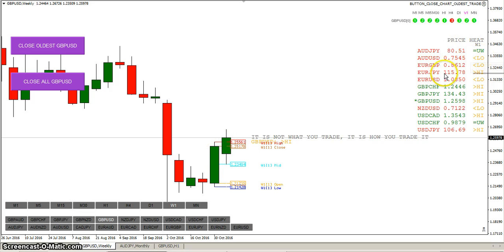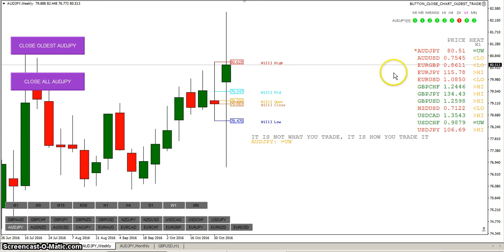Right here, it's above the high of the previous week's candle. We've got the TRO HL5 indicator loaded there, and you can see the AUDJPY. It says it's in the upper wick zone, and right there you can see price is in that upper wick zone.